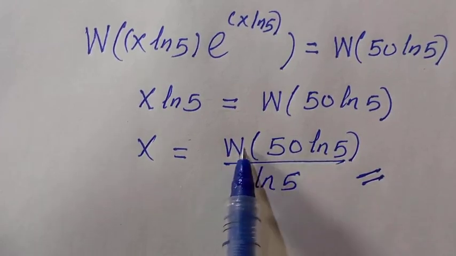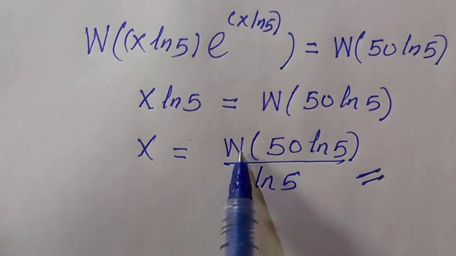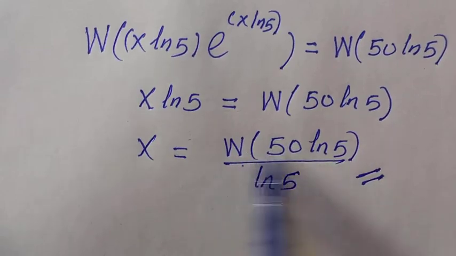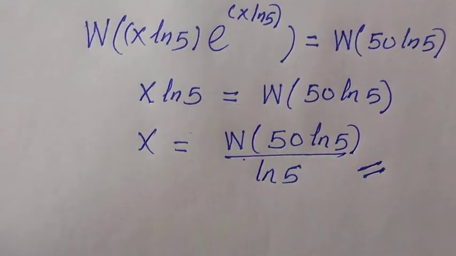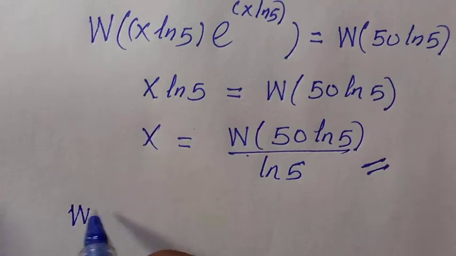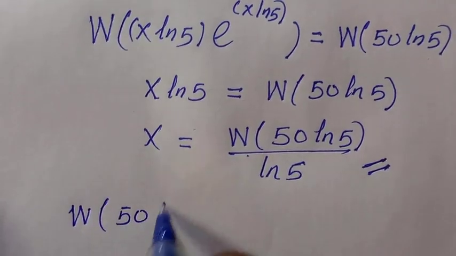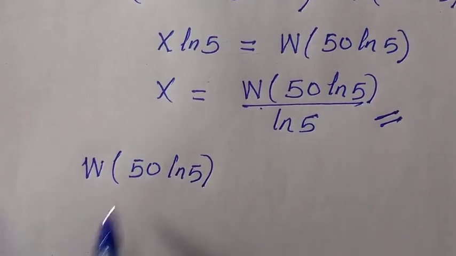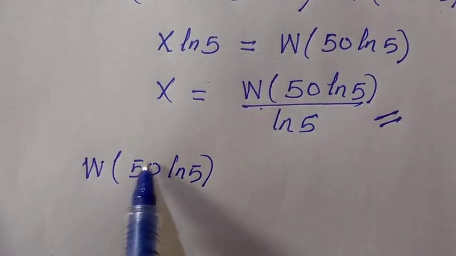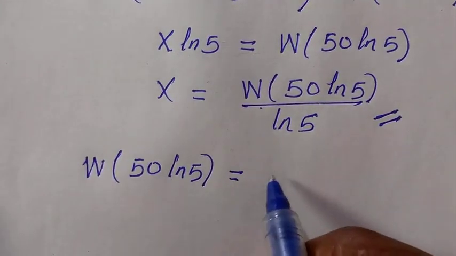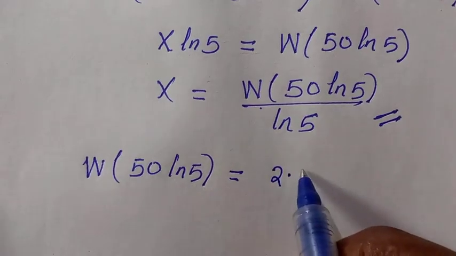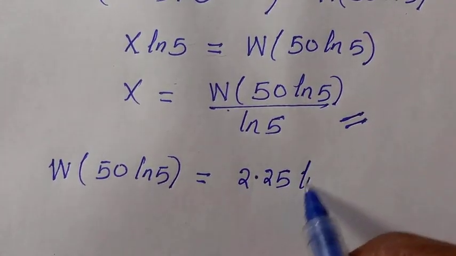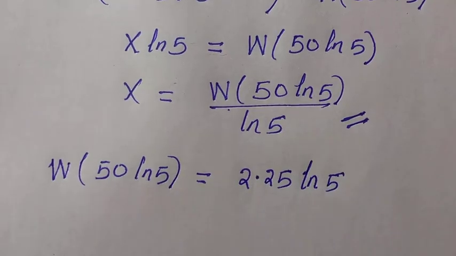So if you consider the numerator, which is omega of 50 ln 5, we are going to work more on this, and this is how it works. Suppose I take out omega of 50 ln 5. What I will do here is write this 50 as 2 multiplied by 25, then here is ln 5.